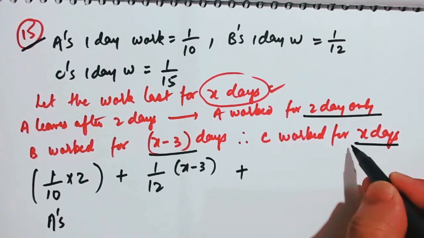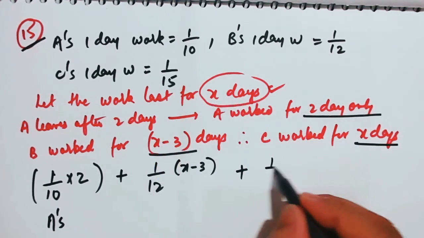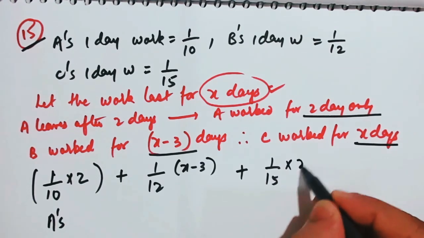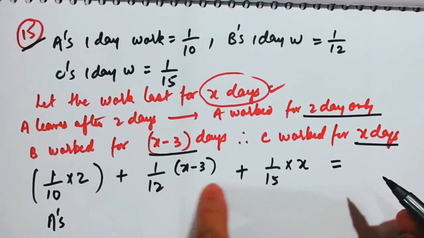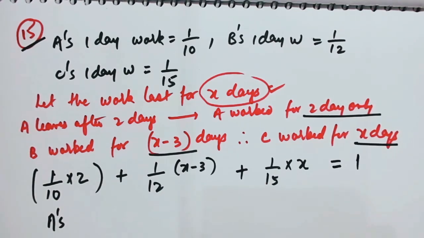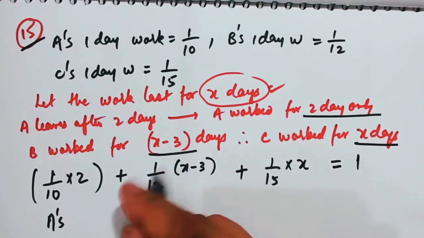While C's 1 day work was 1 by 15 and he took x days. Clear? And all the work is equal to 1.